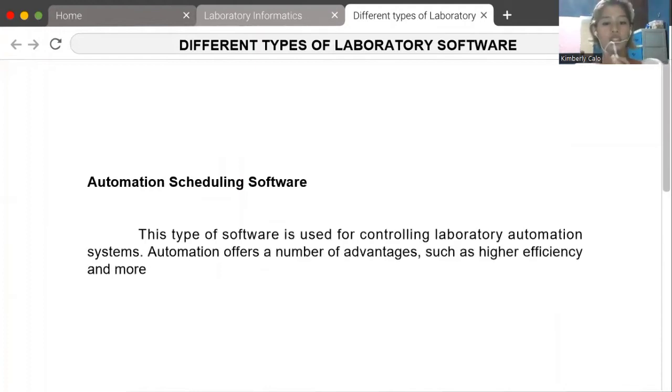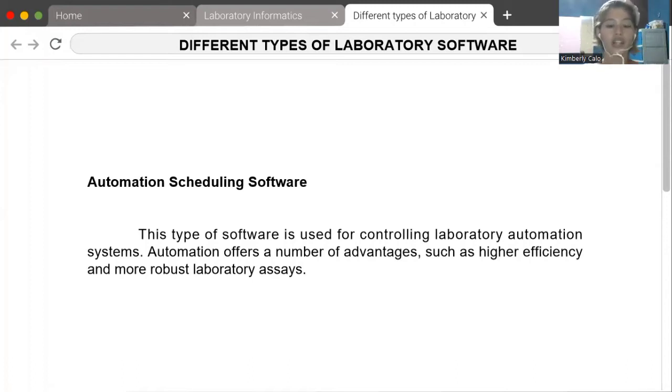Next, automation scheduling software. This type of software is used for controlling laboratory automation systems. Automation offers a number of advantages, such as higher efficiency and more robust laboratory assays.